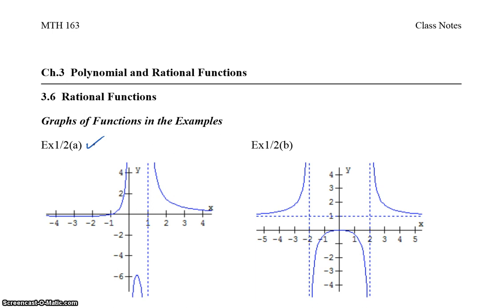This is the graph of example 1a, and you can see the y-axis and the line x equals 1 are vertical asymptotes. Notice that for x equals 1 we have a dashed line shown. So we indicate vertical asymptotes as dashed lines. We don't have to do that with the y-axis since the y-axis is already there.